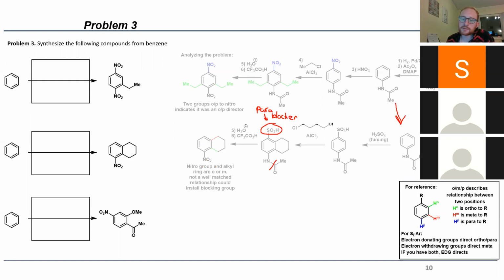Why does the alkylation add to both the ortho and meta positions? Yeah, okay, so two interesting questions here. Why does the alkylation add to both the ortho and meta positions? So the first position it adds to is ortho. And so we get a substrate that looks like this.